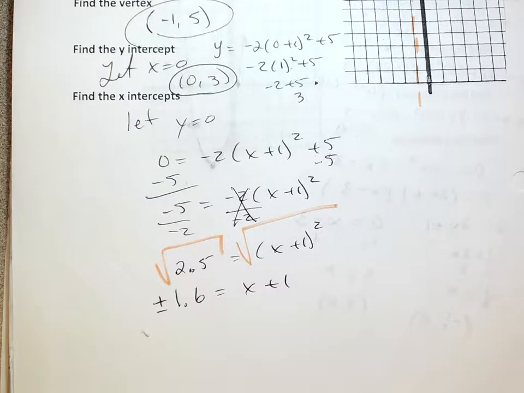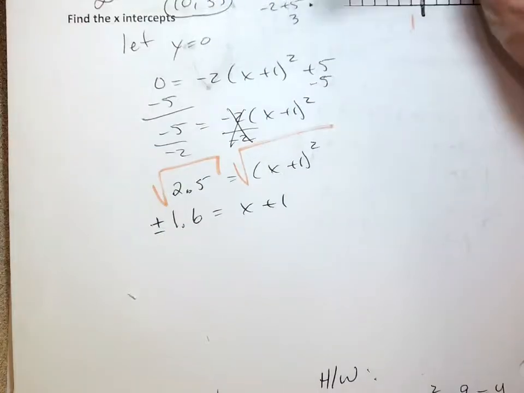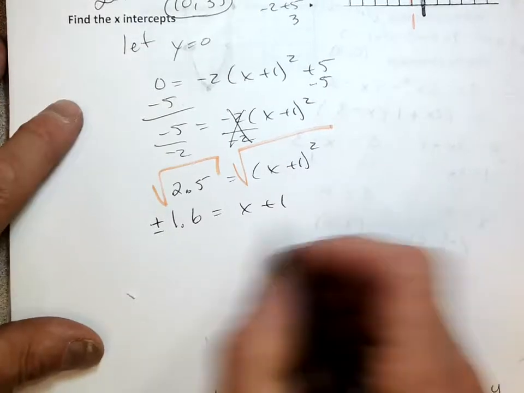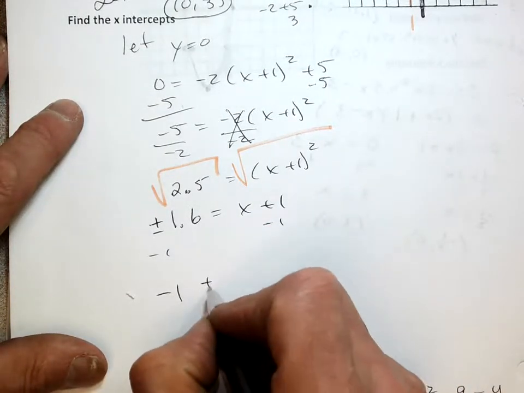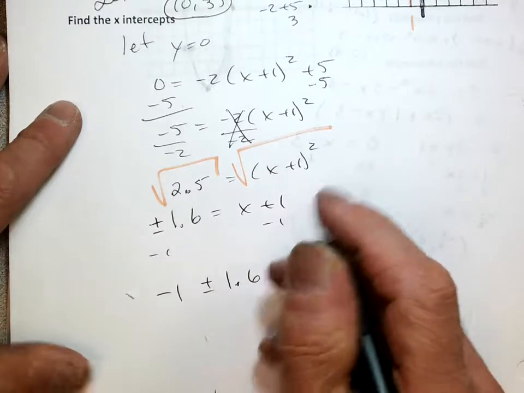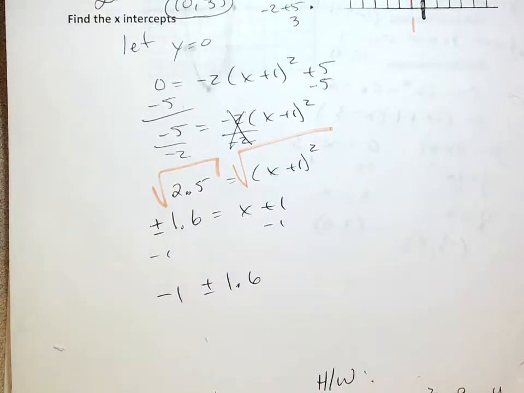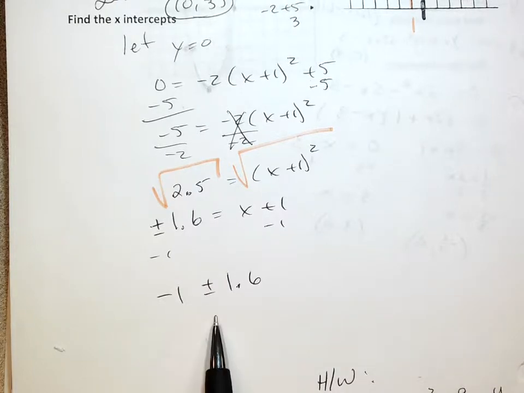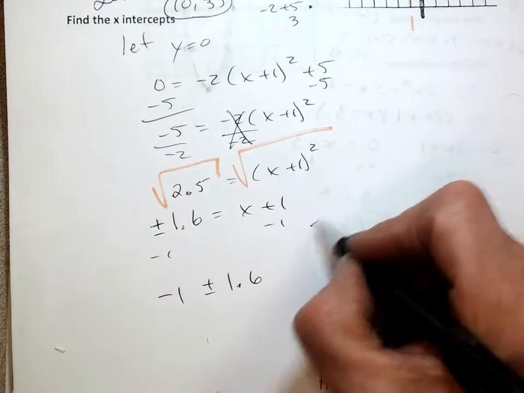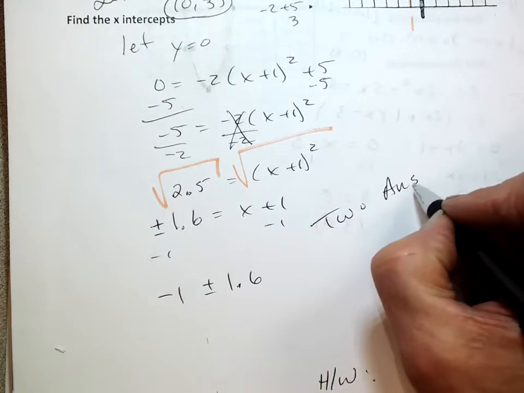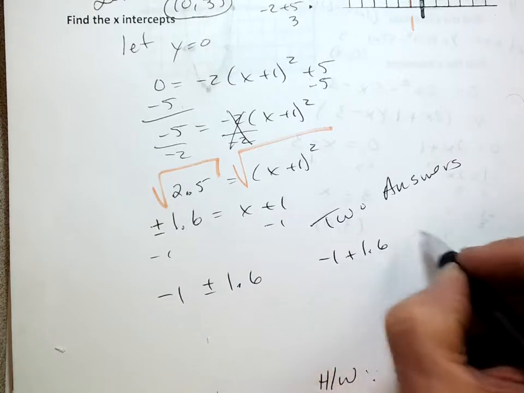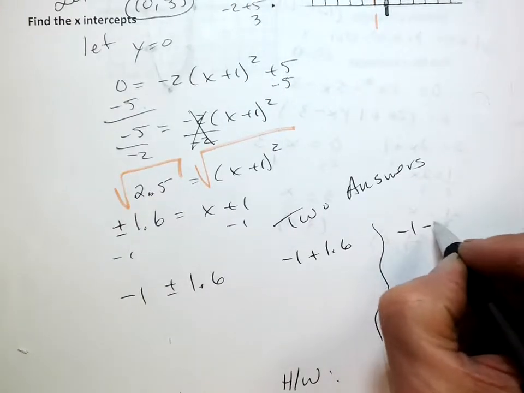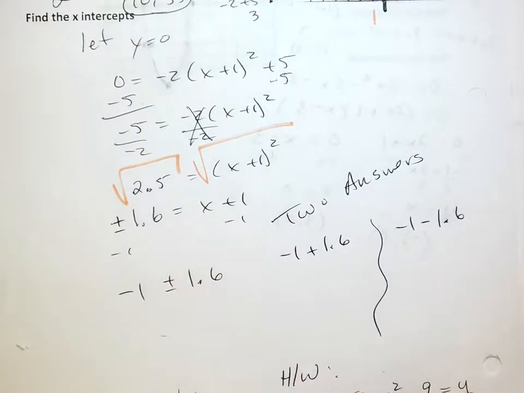Now, to get two answers, we're going to have minus 1, right? We're going to have negative 1 plus or minus 1.6. Now, that's not really two answers yet. So to get my two answers, it's as easy as this. Negative 1 plus 1.6, and negative 1 minus 1.6, and those are going to be my two answers.